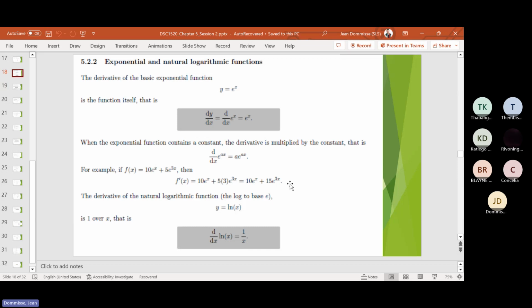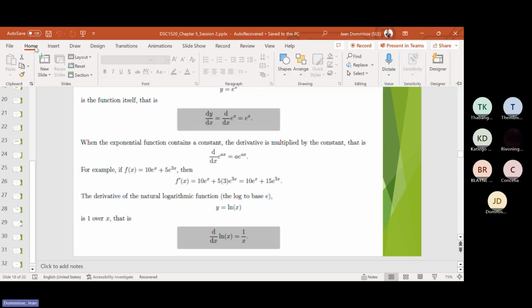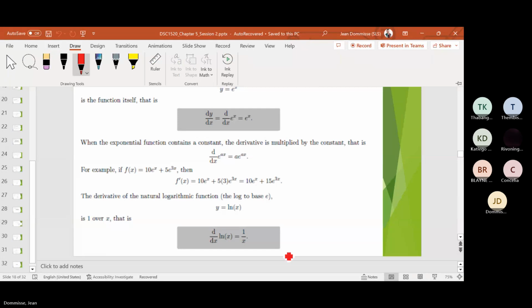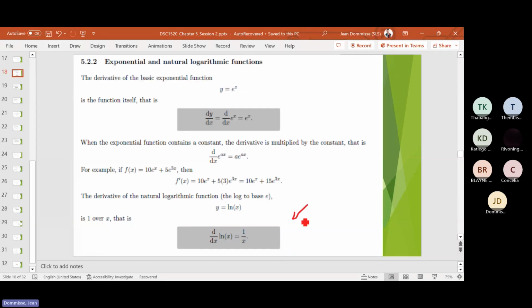Okay, so let's go to the next one, where we need to look at the ln function. So we did the exponential one. Now we're going into the log function.